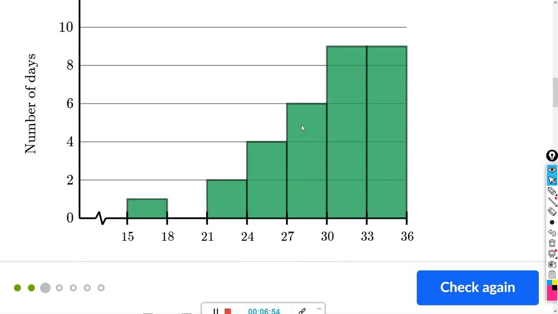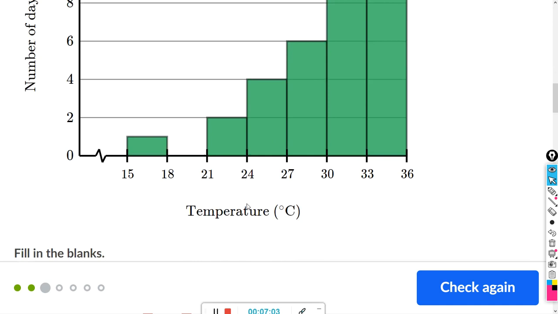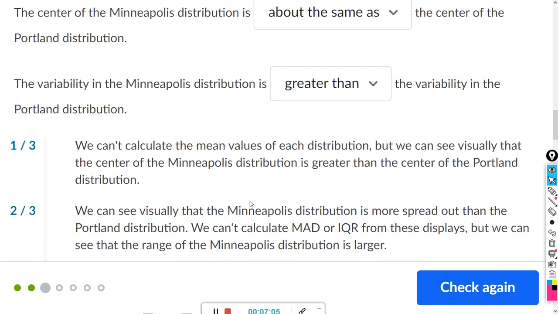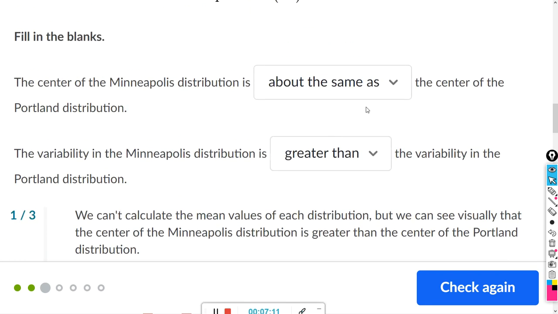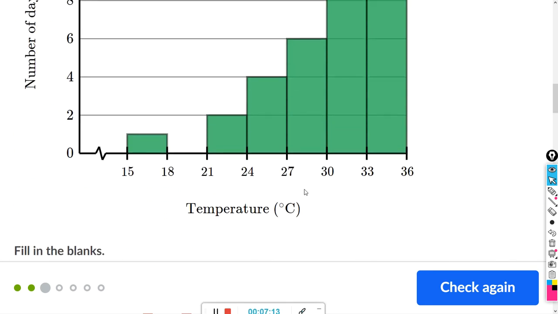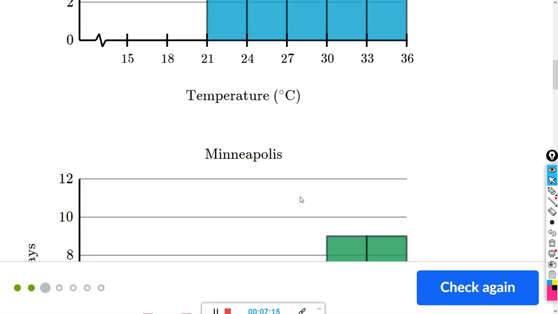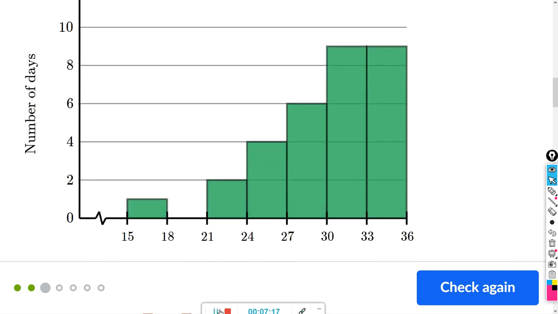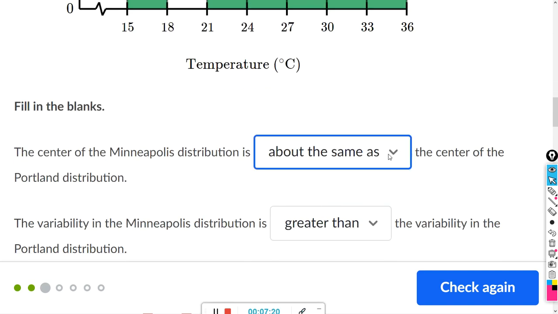But I guess if you counted, we can see the center of Minneapolis distribution is greater than the one for Portland. Well, that's a tough one to see. I guess you would have to count these and then find the median.